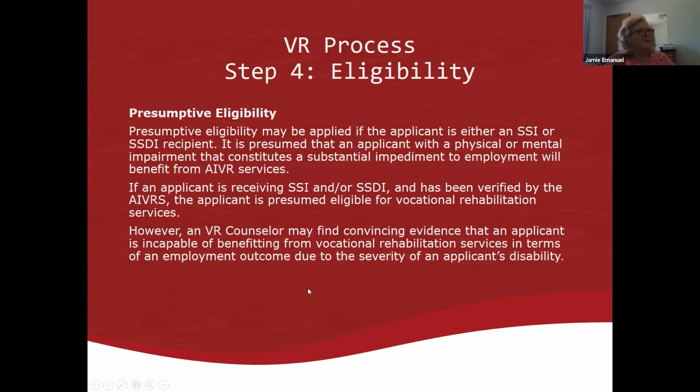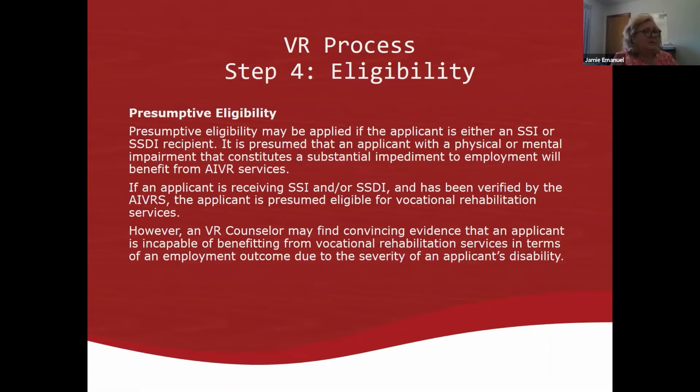We can go on. Let's talk about presumptive eligibility. As I think it was Meredith who said earlier, presumptive eligibility applies to someone who is collecting SSDI or SSI payments. Presumptive eligibility may be applied to the applicant if they receive either SSI or SSDI.